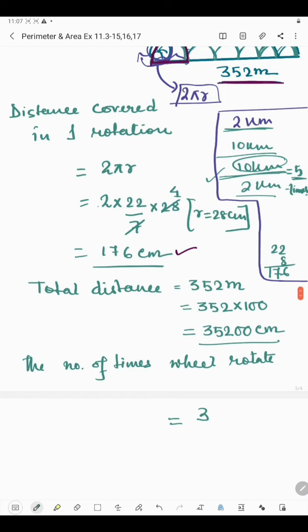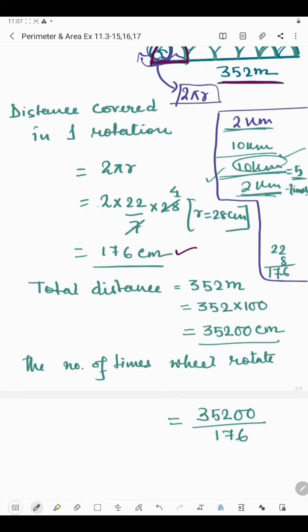Here what we did, 10 kilometer was divided by 2 kilometer. 10 kilometer was the total distance and 2 kilometer was the distance covered in one rotation. Similarly, the total distance was 35200 and the distance covered in one rotation is 176.